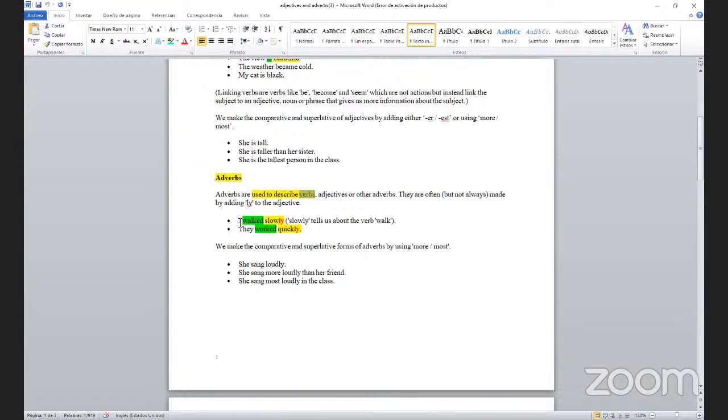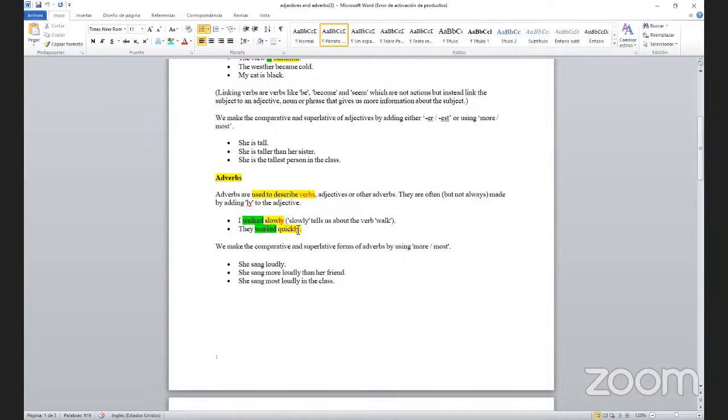So here, I walked slowly. Slow is an adjective. But if I add L and Y, it is an adverb. Most of the adverbs are going to end in ly. I walked slowly. In Spanish, yo caminé lentamente.